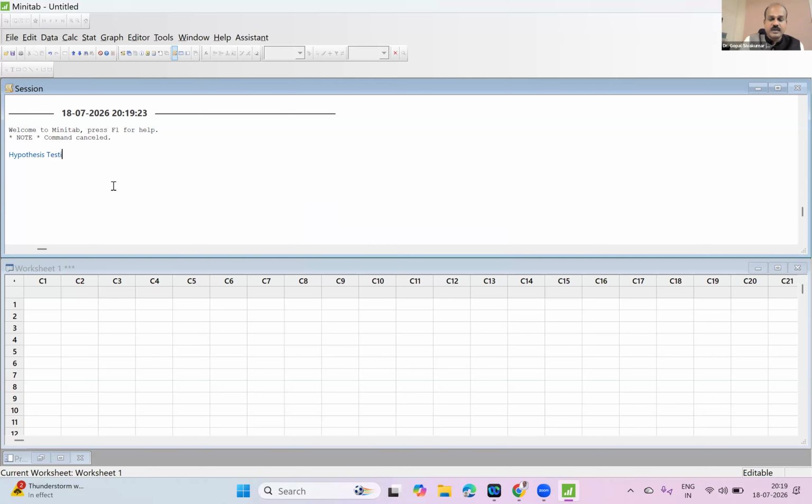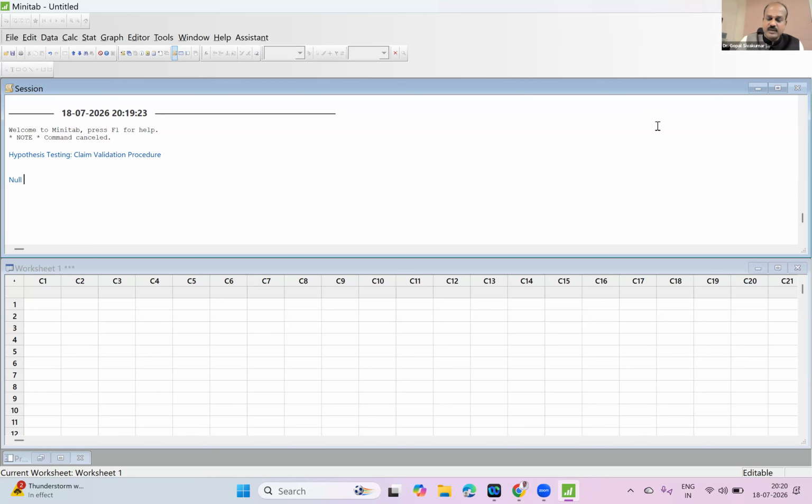Hypothesis testing. Basically, it is a claim validation procedure. And in the context of root cause analysis, the claim is about the root cause. In hypothesis testing, there are two statements, right?